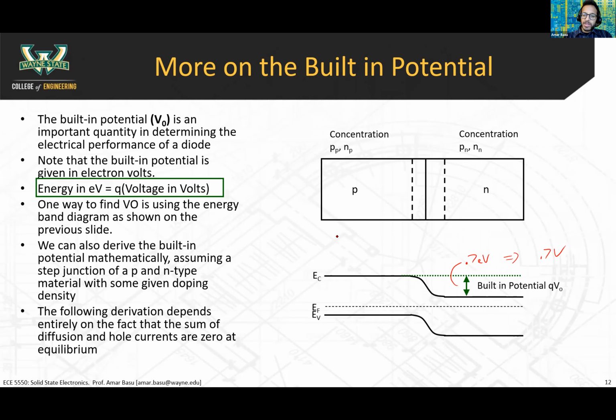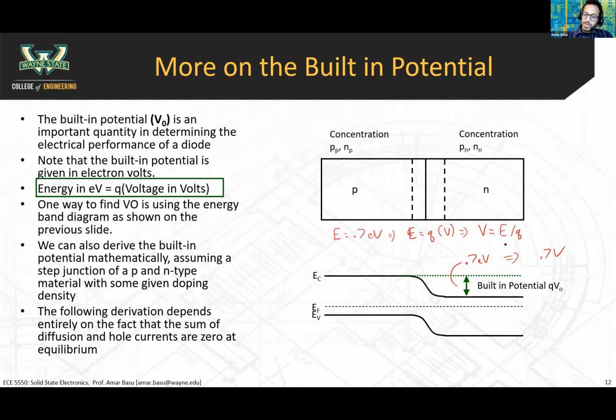So this is the energy. So the energy is equal to 0.7 electron volts. Okay, so the energy is equal to Q times the voltage. So if we want to solve for the voltage, V is equal to the energy divided by Q. Okay, don't confuse this E with the electric field, by the way.